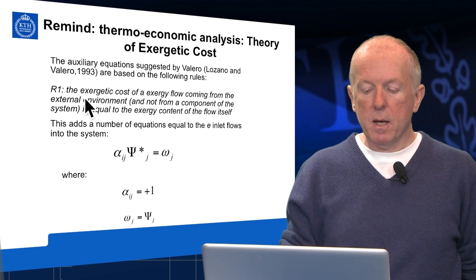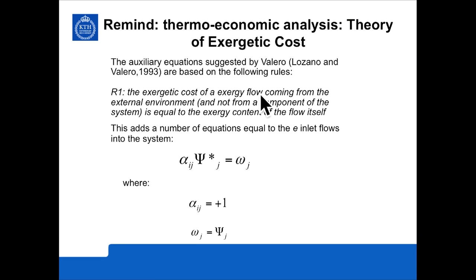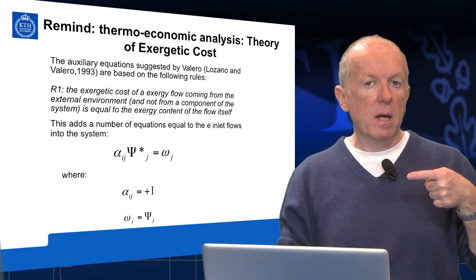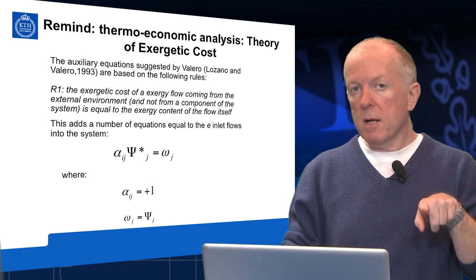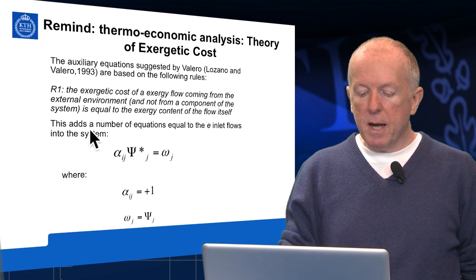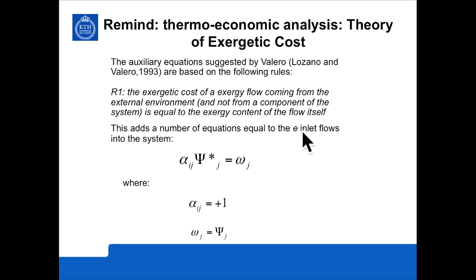The first rule: the exergetic cost of an exergy flow coming from the external environment, and I say not from a component of the system, is equal to the exergy content of the flow itself. What we said at the beginning: if an exergy flow comes from the external environment, its exergetic cost is equal to the exergy flow itself. So this adds a number of equations equal to the inlet flows into the system from the external environment.